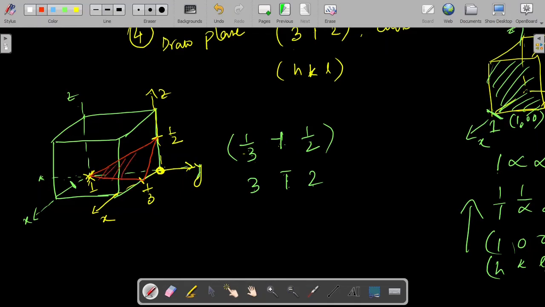So that's the plane, and this plane is the plane 3, 1 bar, 2, within this unit cell having the origin here. That's your question number 4.